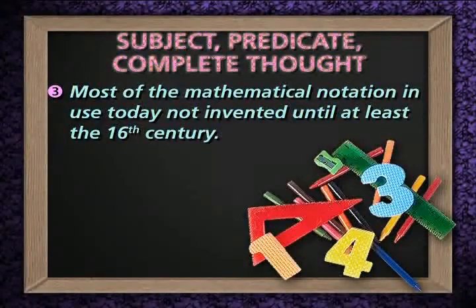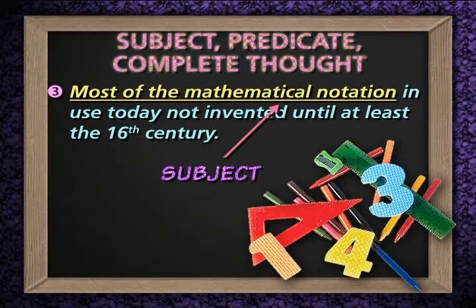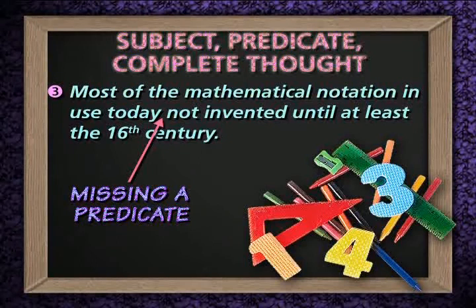Number 3, most of the mathematical notation in use today not invented until at least the 16th century. Well, that doesn't make sense either. I'm obviously missing a part. I know I have my subject, most of the mathematical notation, so I must be missing my predicate, and indeed I am.